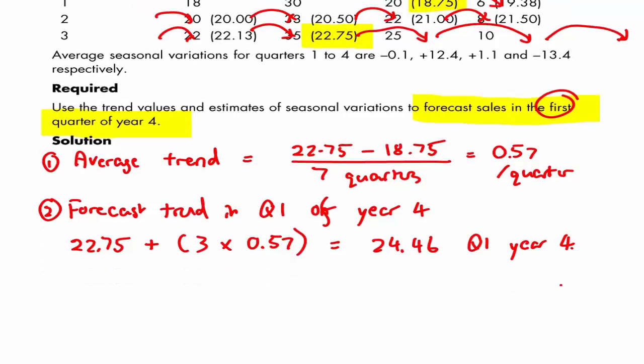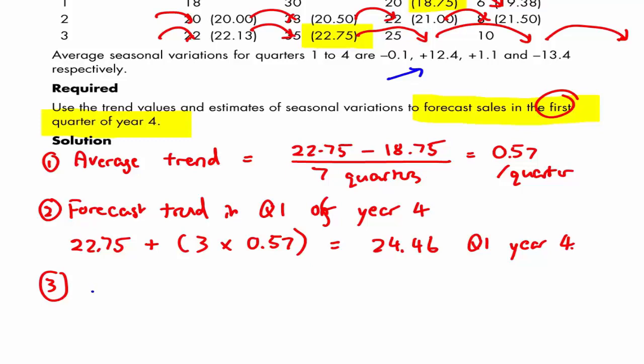And now that I've got the forecast trend, I can apply the seasonality. Looking at the average seasonal variations, they're not grouped slightly above or below 1, so it's clear that we're using the additive model here.